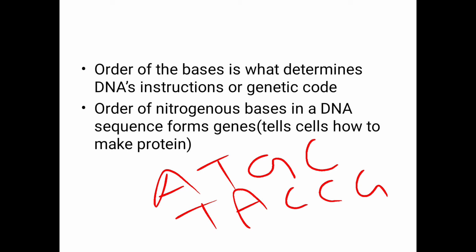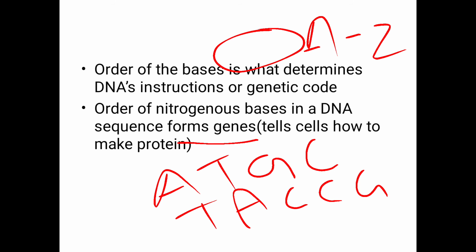For example, in the English alphabet from A to Z, the letters are used to form a word, right? Similarly, the order of nitrogenous bases in a DNA sequence forms genes.